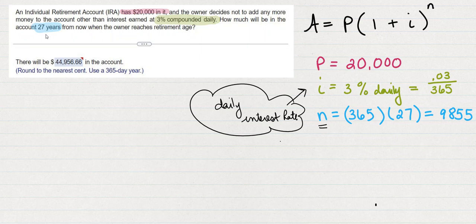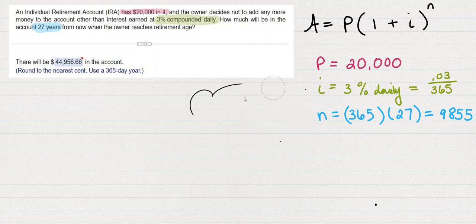So if it's 27 years, and it happens 365 times a year, we're not going to focus on the leap year, and bankers would often use 360, etc. We'll just use 365 days, 365 times that this is compounded over the course of 27 years. Then what would we get for the amount in that account?